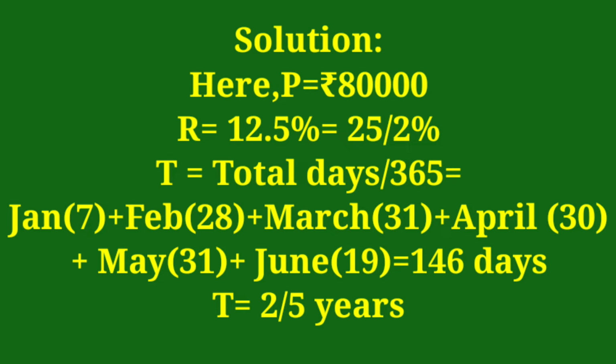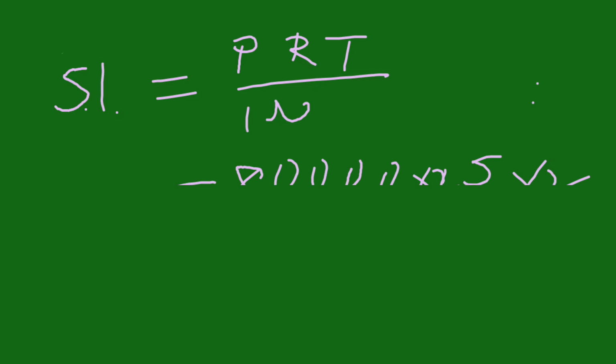So total days we have got 146 days. January 7, February 28, March 31, April 30, May 31, June 19. So altogether 146 days. So if you take them in terms of year, 365 days, so 2 by 5 years is your time. So here I have done the work on the board.